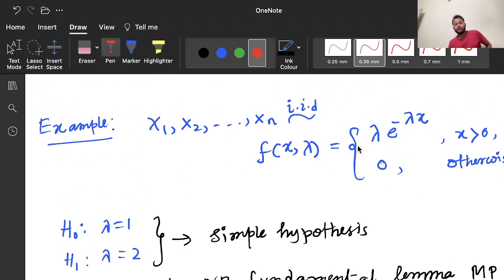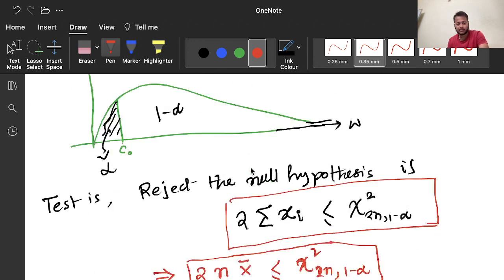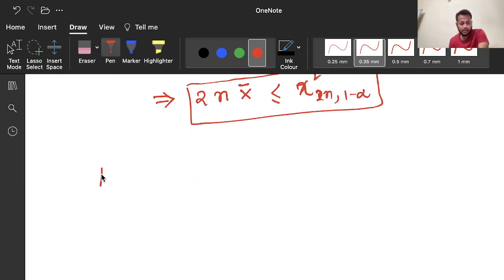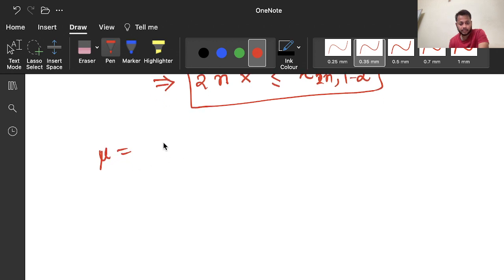So we know this lambda. If you calculate the expectation value, what is the mean of this distribution: integration 0 to infinity of x lambda e to the power minus lambda x dx.